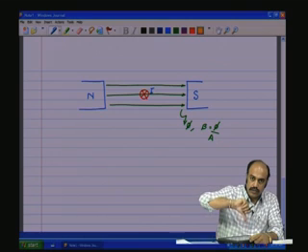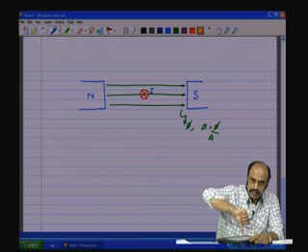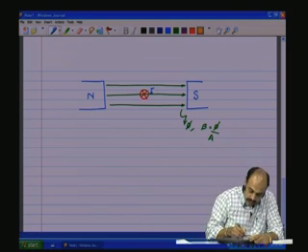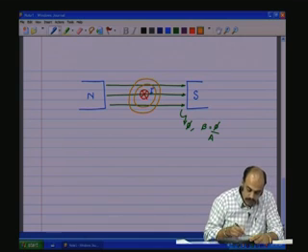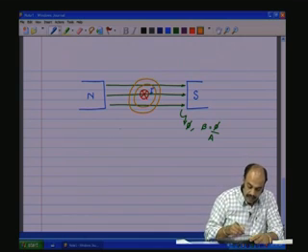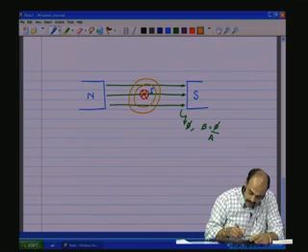That is, it is going into the board, the fingers are encircling in a clockwise direction. So which means the field will be in a clockwise fashion. So we have the field due to the current I, and that is in clockwise direction.